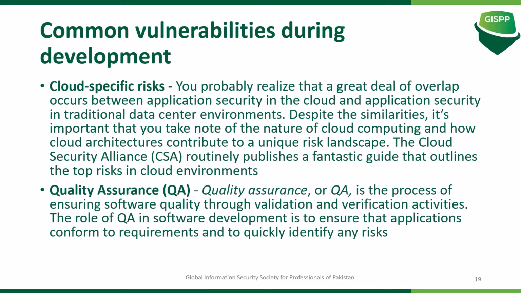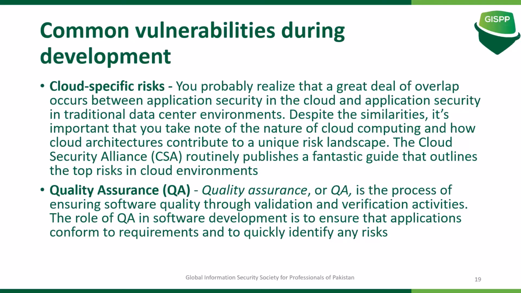The CSA routinely publishes a fantastic guide that outlines the top risks in the cloud environment. I would highly encourage every one of you to go to the CSA website. They publish these, just like OWASP publishes top vulnerabilities for applications. CSA publishes top vulnerabilities. I think they call it Notorious 19.